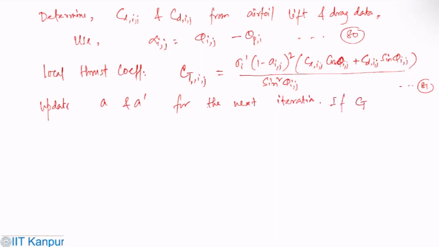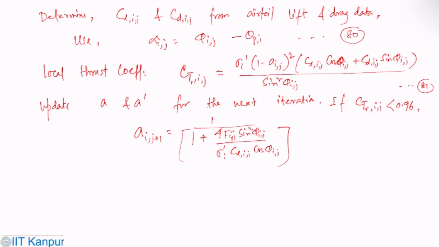If the local thrust coefficient C t r ij is less than 0.96, then we can use a i j plus 1 equals 1 by 1 plus 4 F sine square phi ij divided by sigma prime i CL ij cos phi ij.